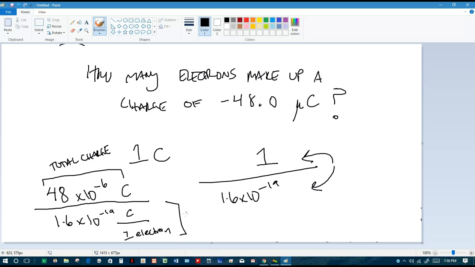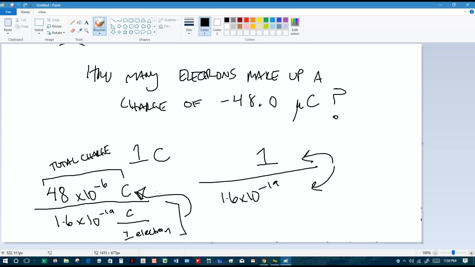So when you divide, you're finding out how many electrons fit into the total. I see. So on your calculator, you would type 48 times 10 to the negative 6, making sure that's in parentheses. I'm assuming you have a graphing calculator. Yes. Now divided by, open parentheses again, 1.6 times 10 to the negative 19.